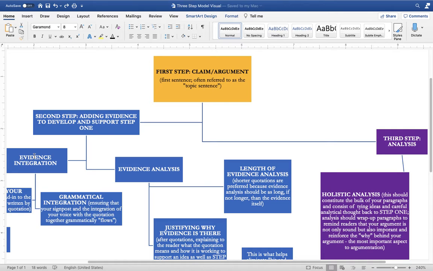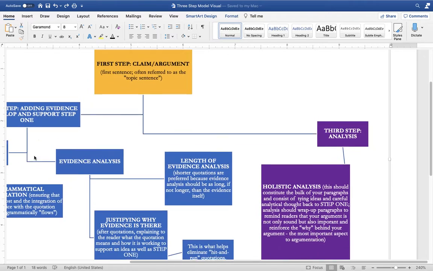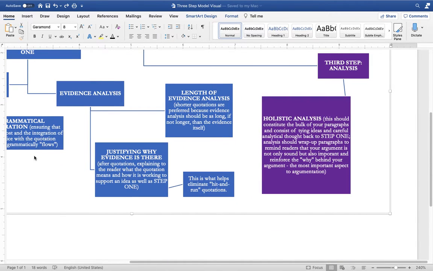You then go into this other type of analysis, which, like I said, sometimes is synthesis, depending on how much evidence you're actually using in your paragraph.